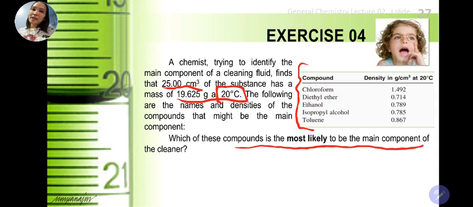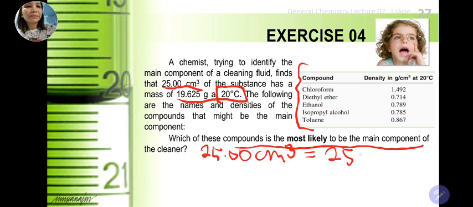So, as usual, sa pag-solve nyo ng mga word problems sa mathematics, ganun din yung i-employ nyo. So, you have to read and understand the problem first. So, meron daw nag-identify ng main component of a cleaning fluid yung isang chemist natin. So, ang given niya is 25.00 centimeter cube or equal to 25 ml.